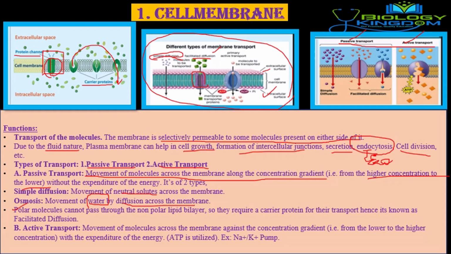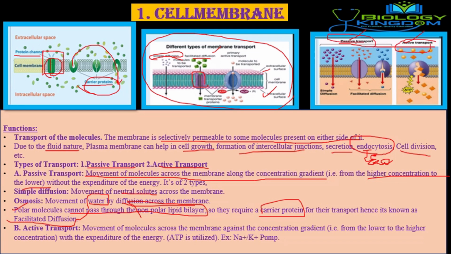Polar molecules, that is molecules having water, cannot pass through this non-polar lipid layer. That is the reason they require a protein called a carrier protein. So these are the carrier proteins which help in the process. Hence this diffusion is referred to as facilitated diffusion. This is about passive transport.